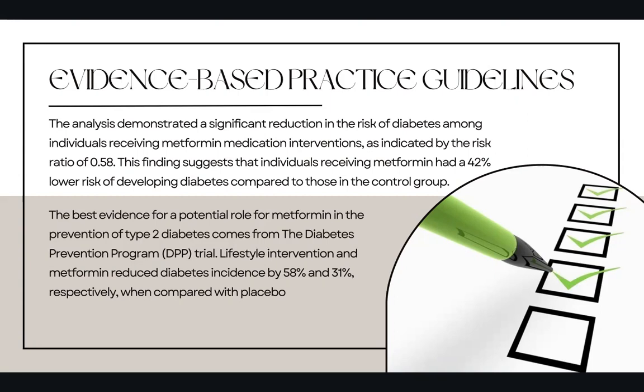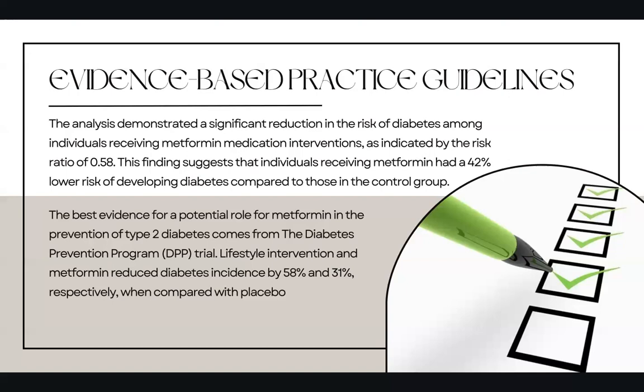Collectively, these findings from various studies provide robust evidence supporting the effectiveness of metformin in preventing the onset of diabetes, particularly in high-risk individuals. The results highlight the potential of metformin as a valuable preventive intervention in the global efforts to combat the growing burden of diabetes.